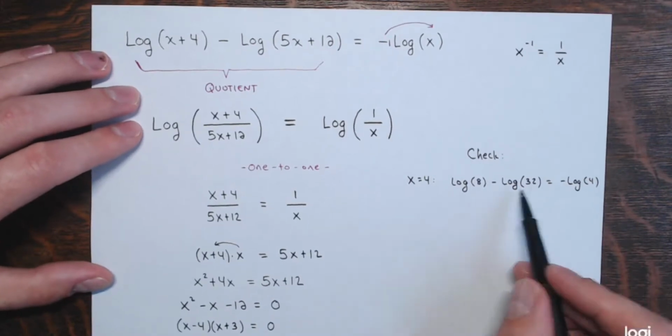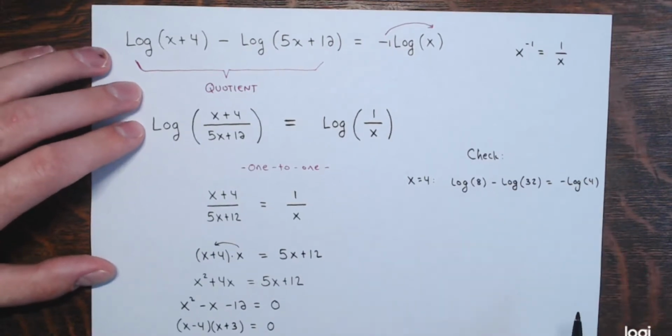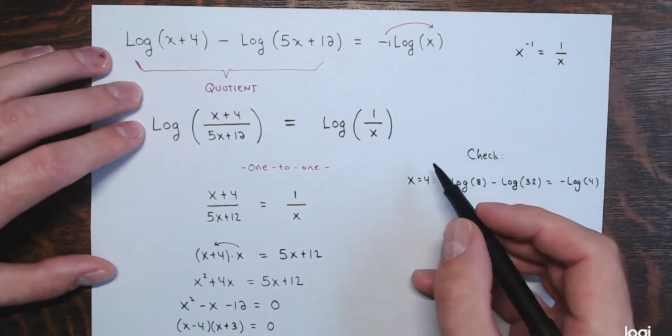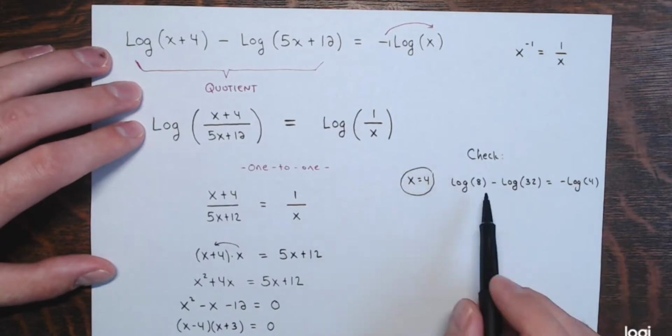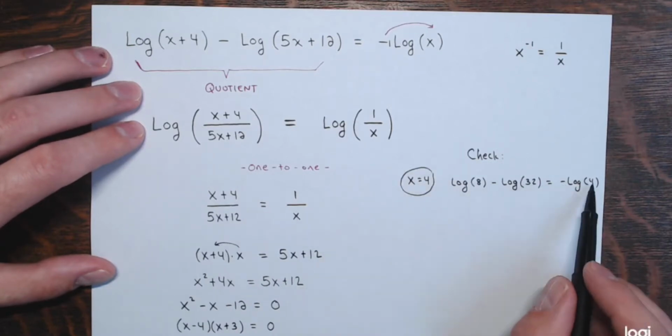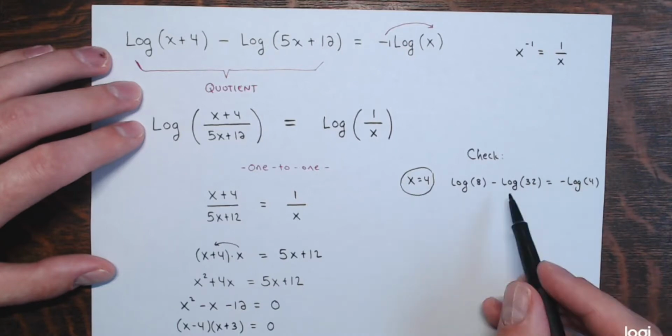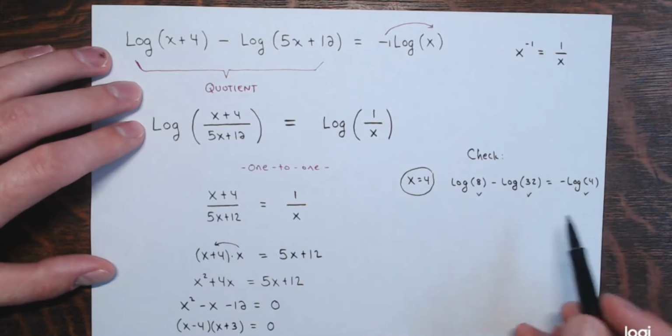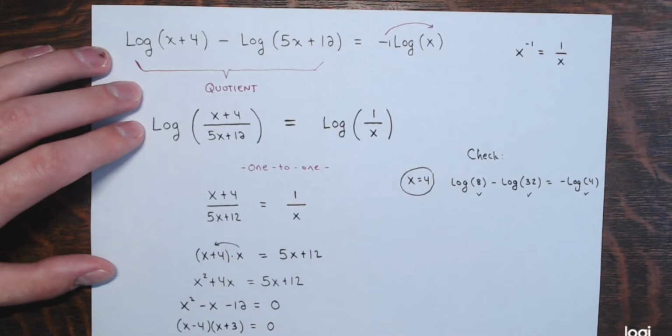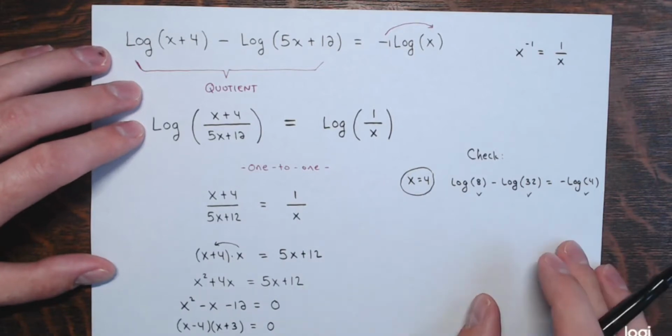Both sides would be equal to the log of 1/4. So that works. And notice that every number inside a logarithm is positive. So that's good, that's good, that's good. This should be a good solution. All right, so x equals 4 is good.